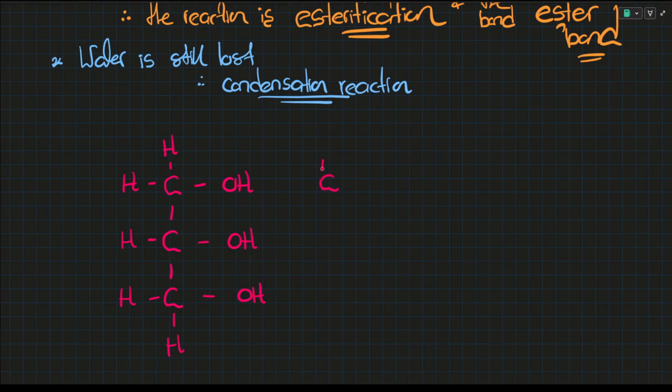And these are the fatty acids, C double bond O, acid tail, three times, and we have another OH on the left hand side.